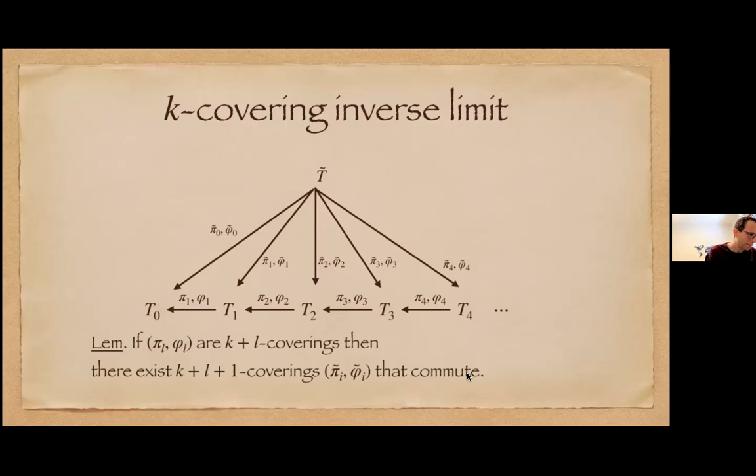When I look at pi tilde 1, phi tilde 1, the first level of these mappings must be the identity, because it has to be a one covering. So it's the identity. And then I compose the identity with the mapping phi 1, pi 1, and by that I reach T0 in the end.